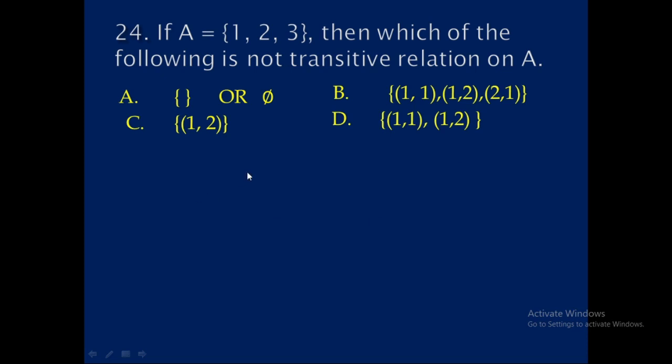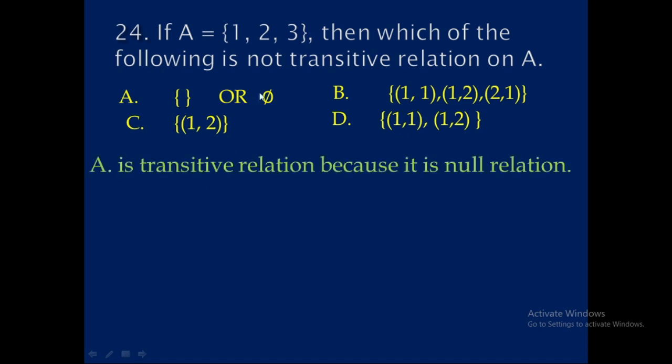Here, verify which of the following is not transitive, checking each option. Option A: just remember, the null relation is always a symmetric and transitive relation. Therefore, A is transitive.